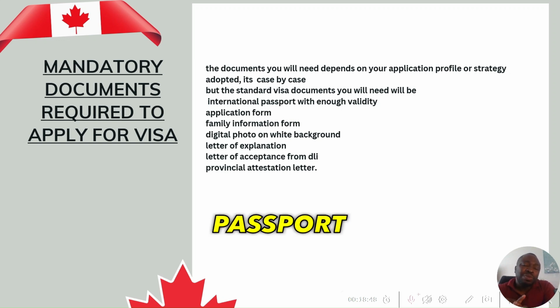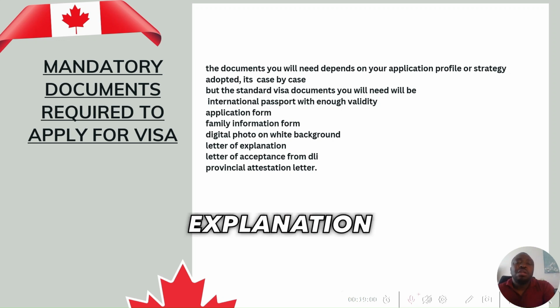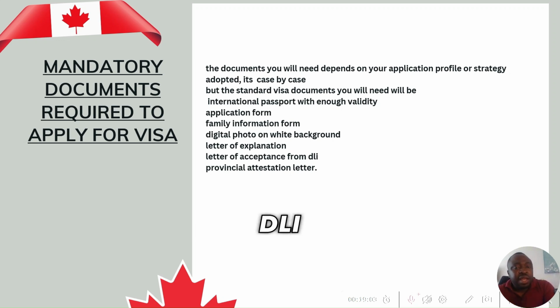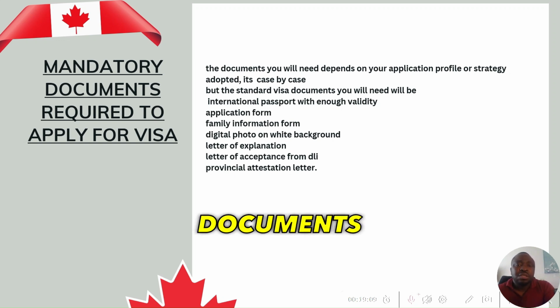Please ensure that this passport has enough validity. You are going to fill the visa application form, the family information form, the digital photo on a white background, letter of explanation, your letter of acceptance from your DLI, your provisional attestation letters, and any other supporting documents that can help prove your case.